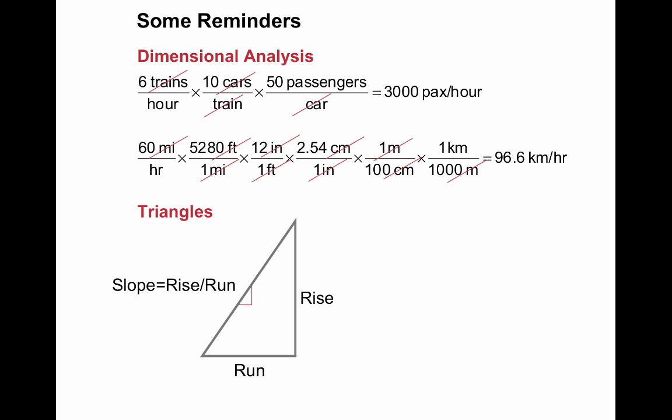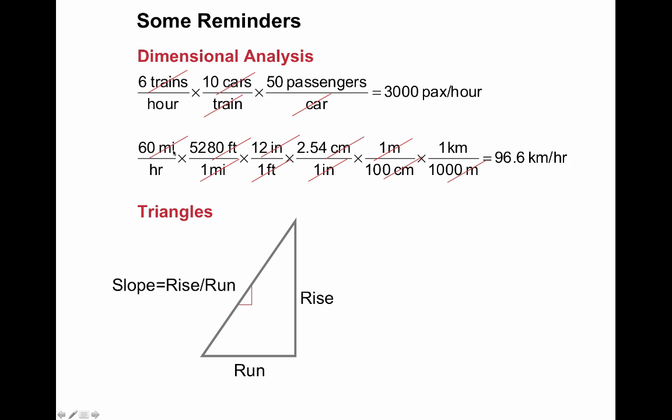You can cross multiply to obtain the result of the capacity being 3,000 passengers per hour. You can see that when you cross multiply, these units will cancel out, leaving you passengers over hour.